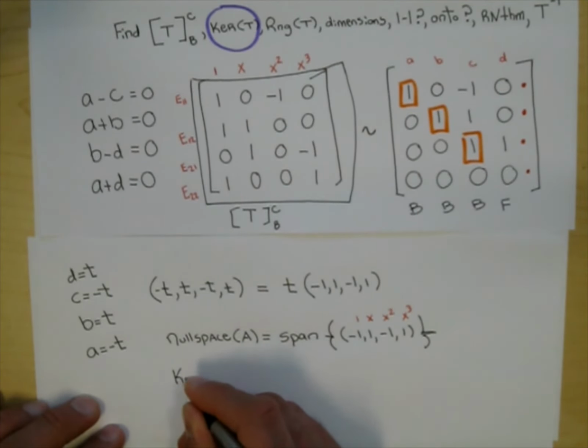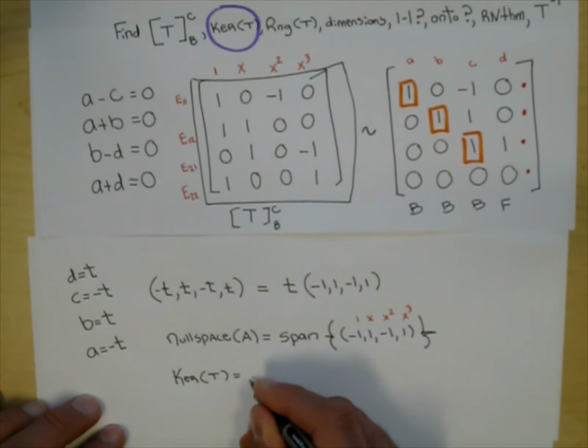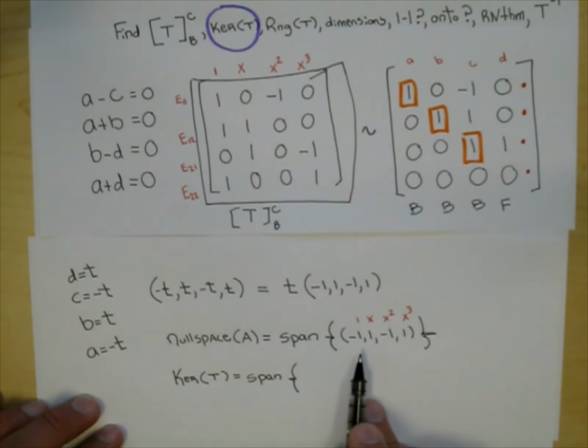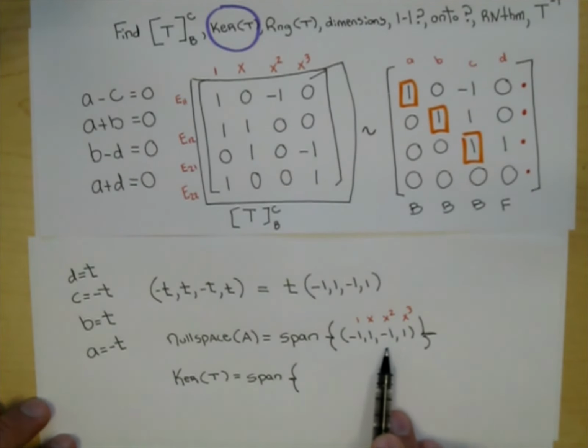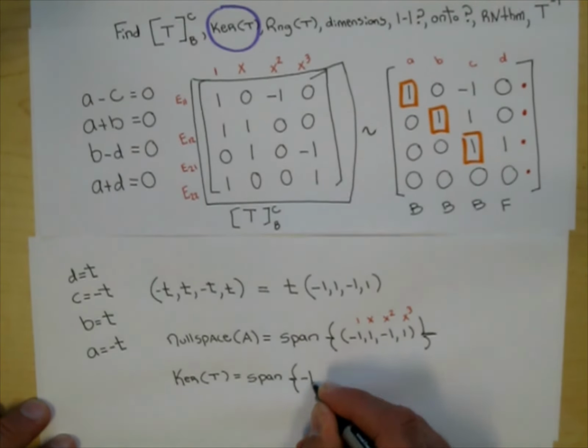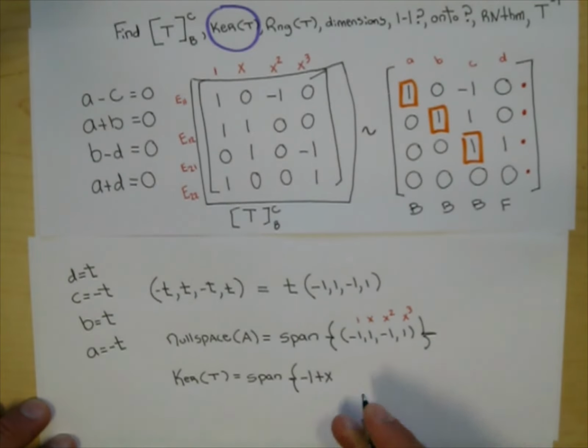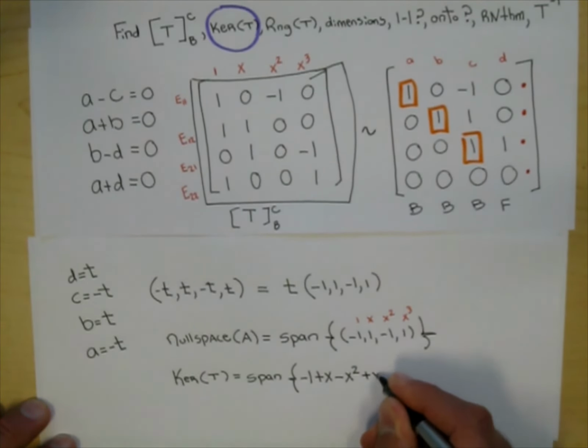We can say the kernel of your transformation equals the span of, okay, this is one element in the null space. So there's only going to be one polynomial right here, and it's -1 plus x minus x squared plus x cubed.